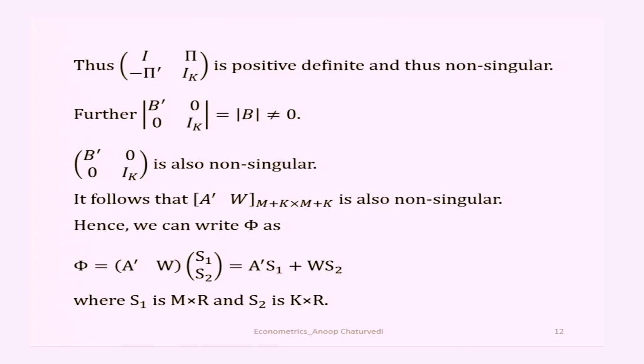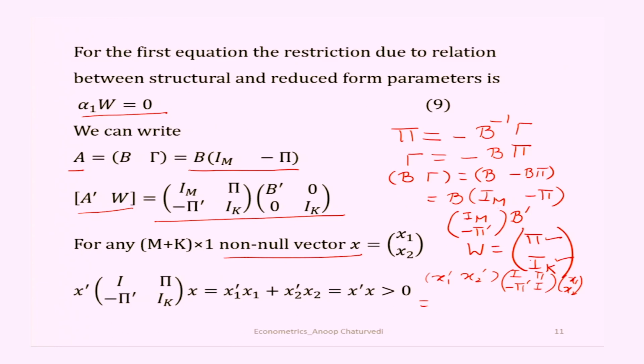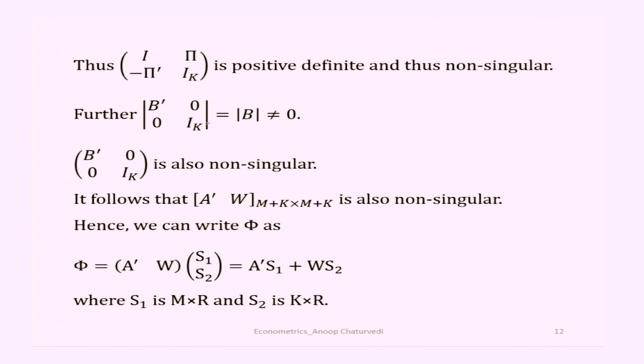Again, if you take the determinant of this matrix B transpose 0 0 I k, which you have here, then the determinant value of this matrix is equal to determinant of B, because determinant of B transpose is equal to determinant of B into determinant of I k, which is 1.